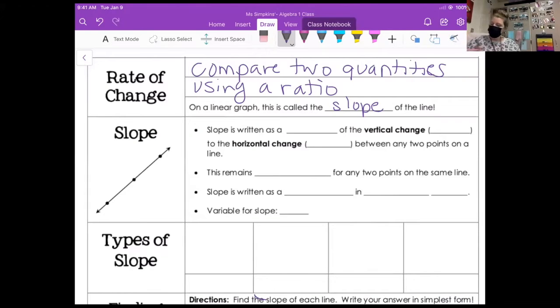Okay. Slope again is written as a ratio, and it is the rise over the run. So what we're going to do is figure out how much did we go up and down and how much did we go to the right when we describe our slope.